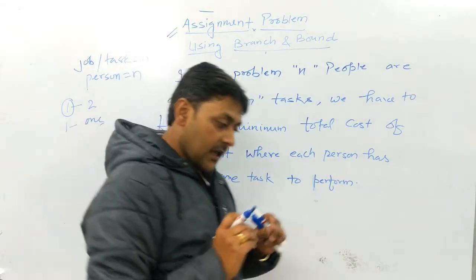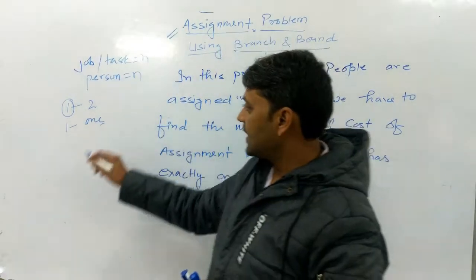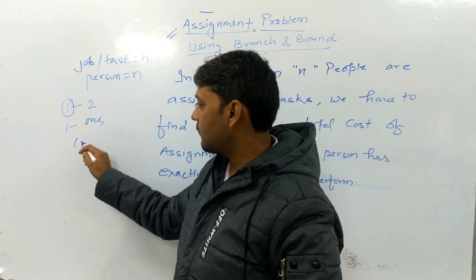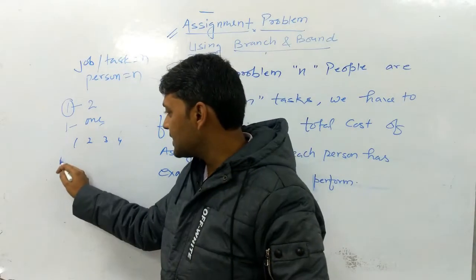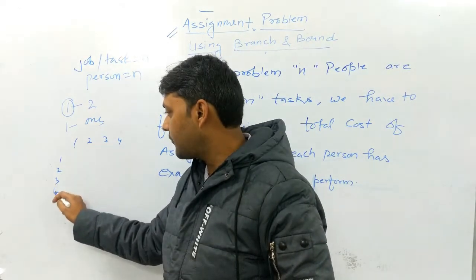That means if I am writing here, the number of jobs is 1, 2, 3, 4, and the number of persons is also 1, 2, 3, 4.